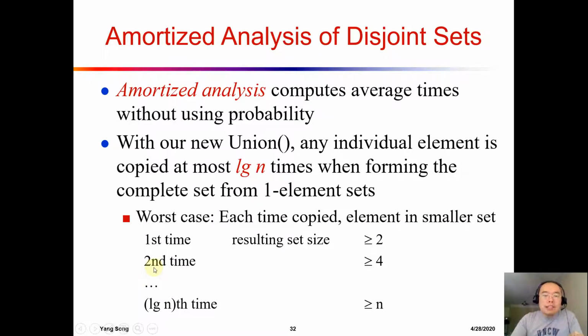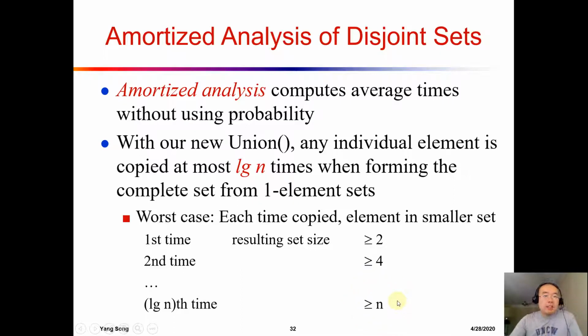If this item is copied again, we are copying it to an even larger set, so the destination set has to have at least four items. If we keep copying again and again, then by the log n-th time we copy this item to a larger set, the size of the set has to be greater than or equal to n.